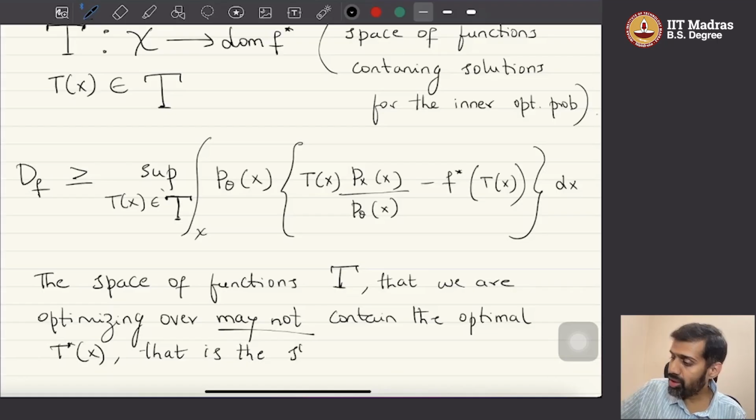The solution for the optimization problem, right? That is the solution for the inner optimization problem.